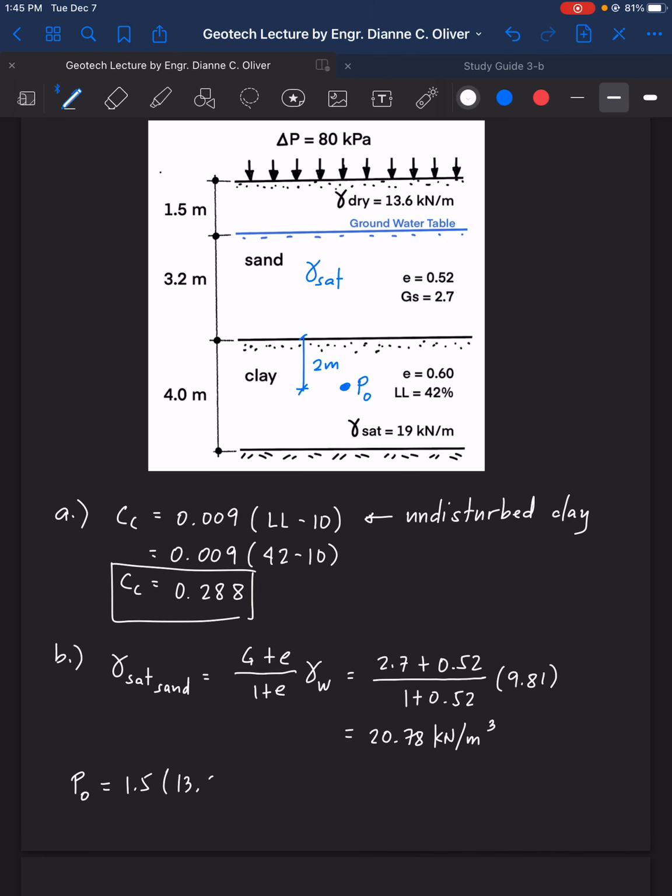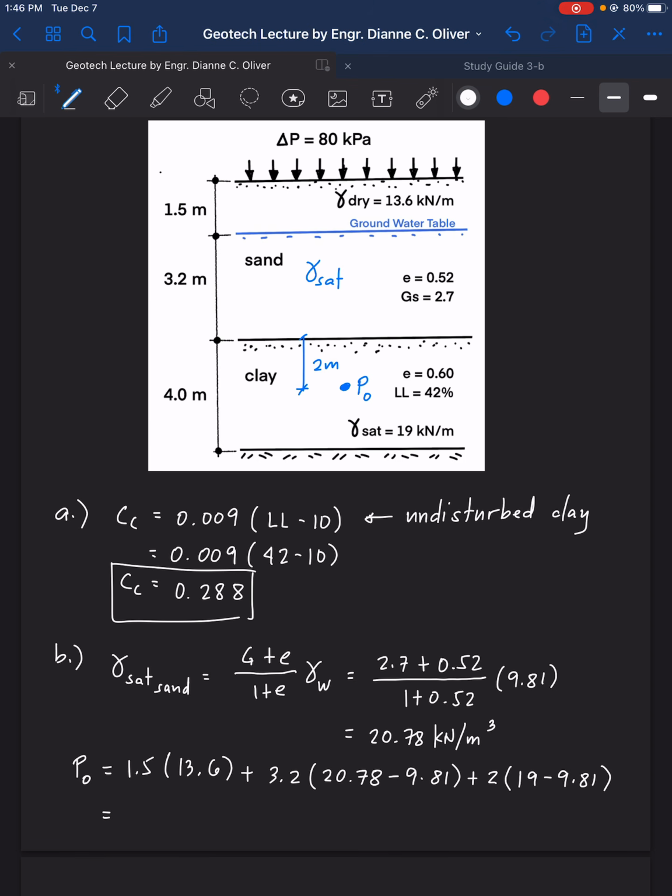Therefore, our P sub O now is equal to 1.5 times 13.6, plus the sand layer. So we have there 3.2, the saturated sand layer, and the gamma sat of 20.78. Again, we're looking for the effective stress, therefore this is minus 9.81, plus the mid-height of the clay layer, 2 meters, times gamma sat 19 minus 9.81.